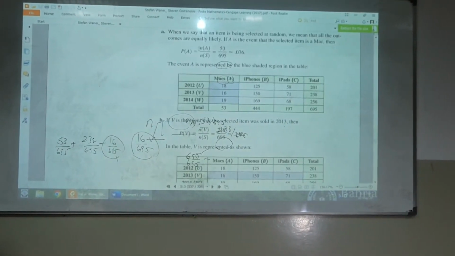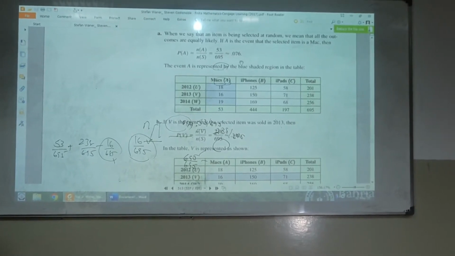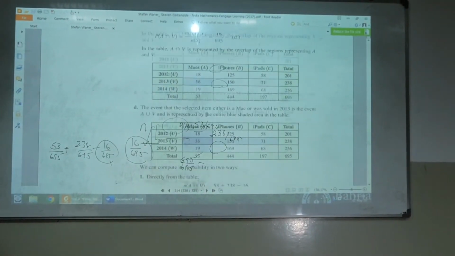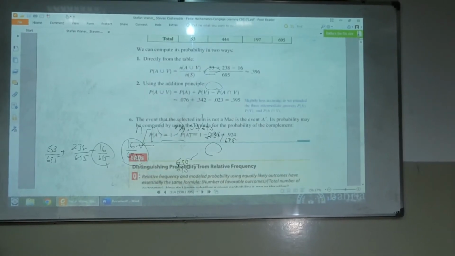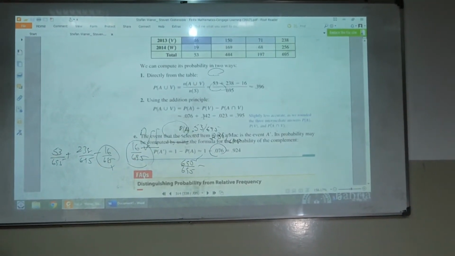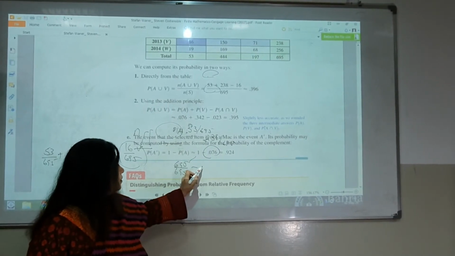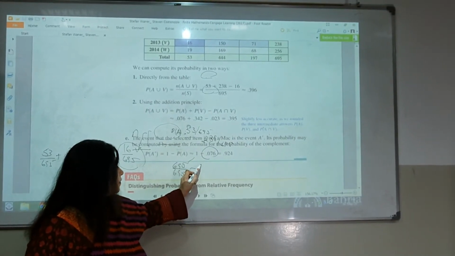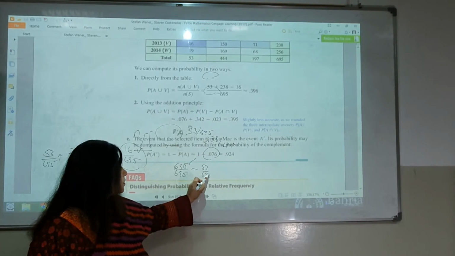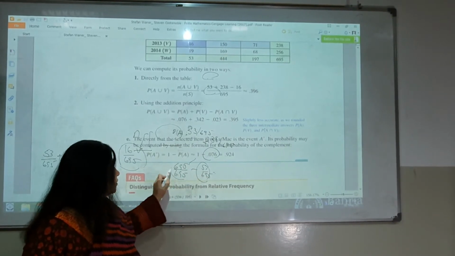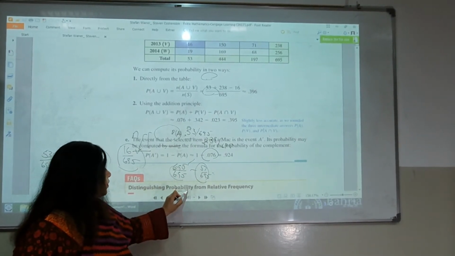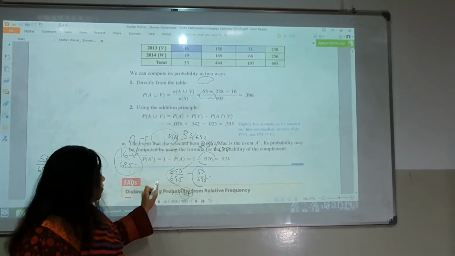See, this is Mac 0.076. So now when you subtract the Mac, this is the complement. Okay, so this is 1 minus 0.076, where 0.076 is the 53 by 695 in this case, which is just the probability of Mac.